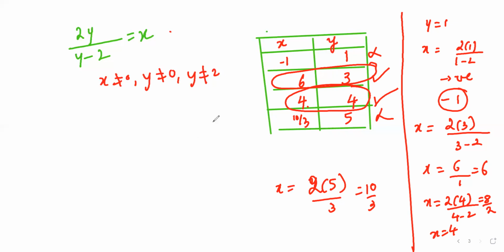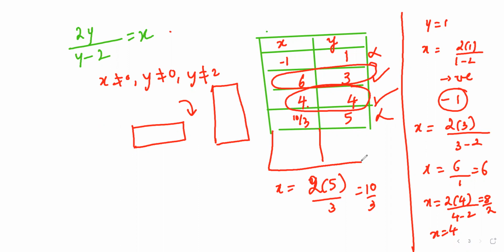Yes, and the x and y are symmetrical. That is, if my rectangle is like this, isn't it? If I'm rotating it by 90, it's going to stand like this. So x and y can be interchanged in that case. It makes sense. Let's say y is 6, what happens when y is 6?